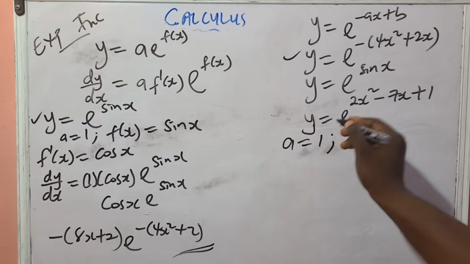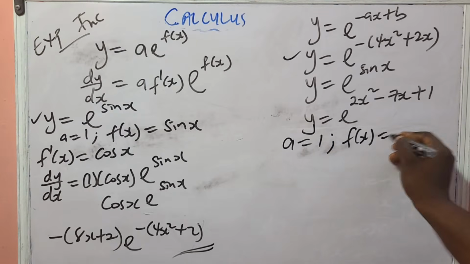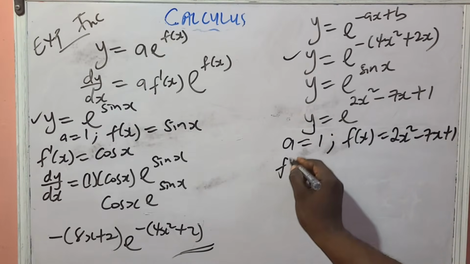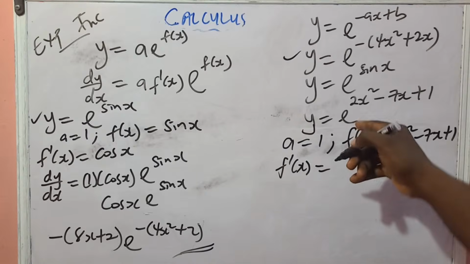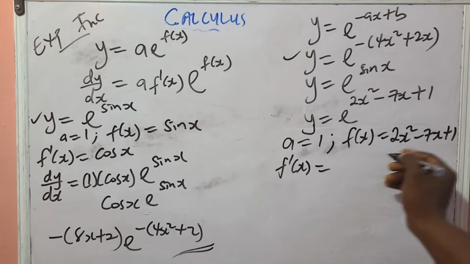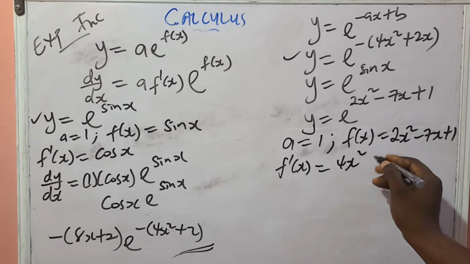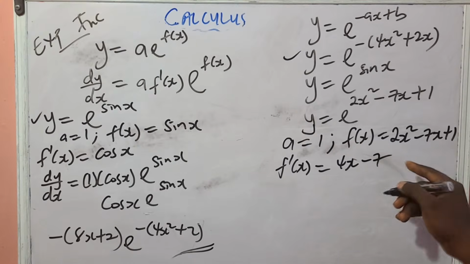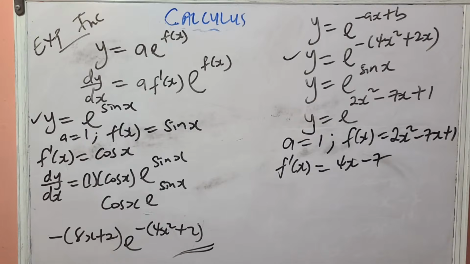Coefficient here is 1. What's my f of x? My f of x here is 2x squared minus 7x plus 1. So I want to find my f prime of x, which is the derivative of this function. That will be 4x, not 4x squared, 4x minus 7, and that's all. So that's my f prime of x.